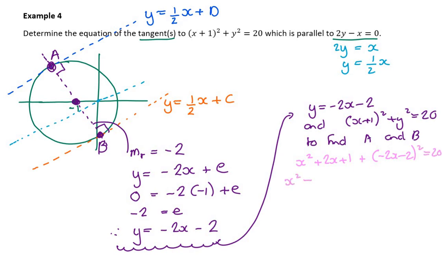So actually x squared plus 2x plus 1 plus 4x squared plus 4x plus 4 is going to equal 20. Sorry, it kind of almost gets lost there at the end. So I get 5x squared plus 6x, 1 plus 4 is 5, minus 20 is minus 15, equals 0.